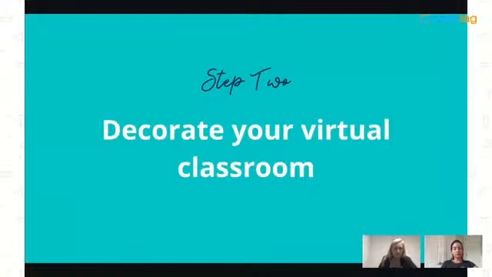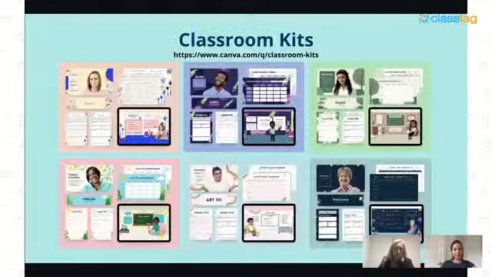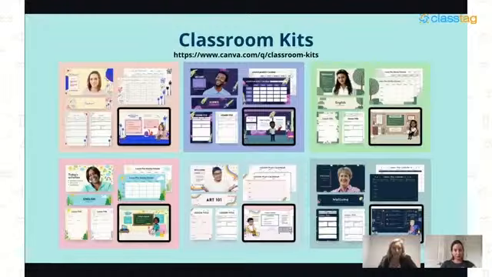So a good place to start with Canva is to create classroom decorations. And we have created everything that teachers need to decorate their virtual classrooms for back to school. So we have these great classroom kits where you can pick a theme, and you simply click the template that you want, so your Google Classroom banner, your Zoom background, your lesson plan, and they're all themed with the theme that you pick.